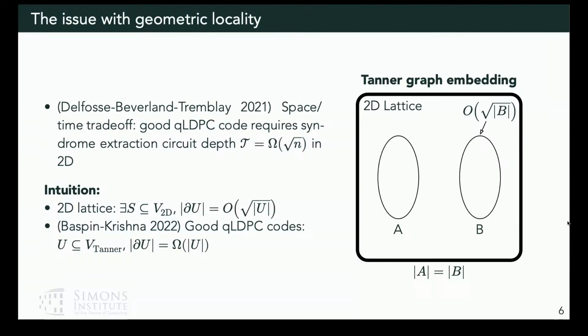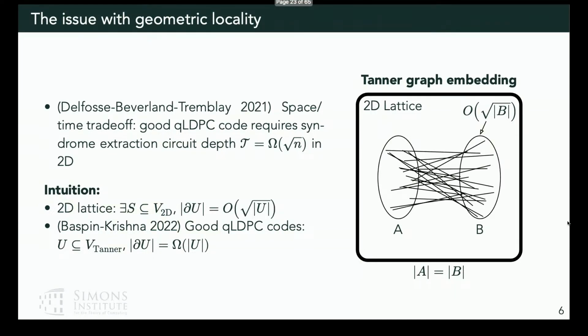So if you compare these two things, what it says for our embedding is that if I have my two regions, A and B, I'm actually going to have a ton of connections between these. I'm going to have some qubit over here that's going to need to do a gate with some qubit over here, and there's going to be a lot of them. In fact, there's an amount that's proportional to the volume.